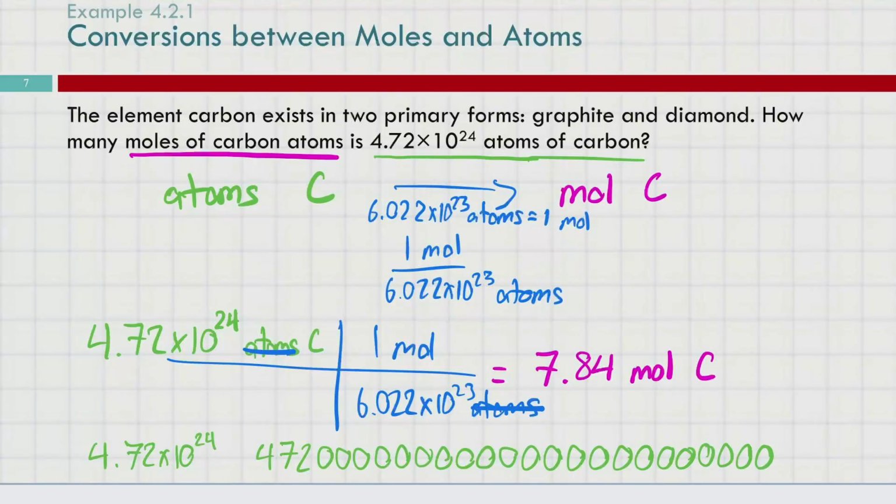So we're saving ourselves a lot of writing. Questions about doing this conversion with Avogadro's number?